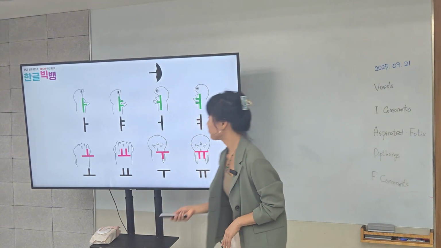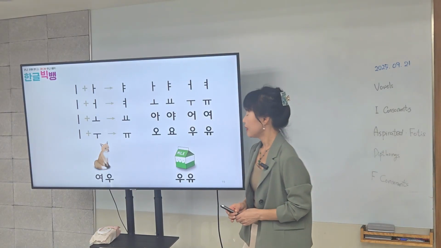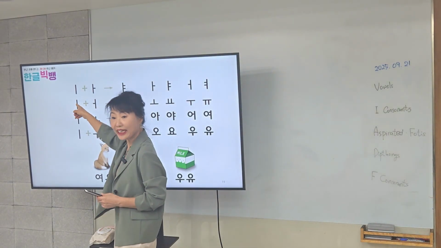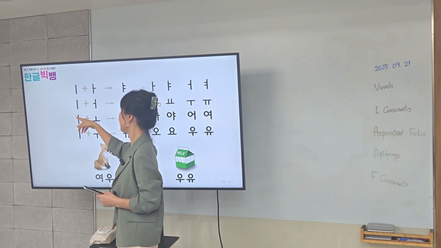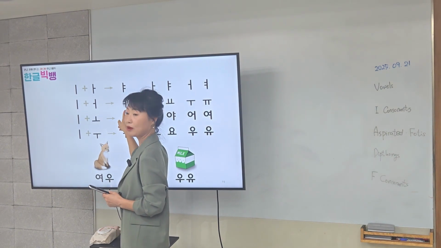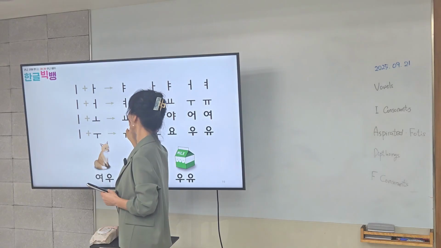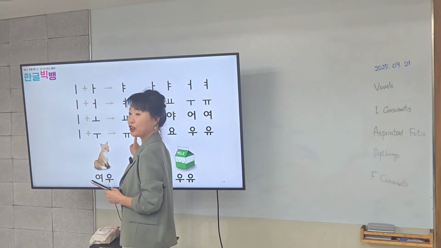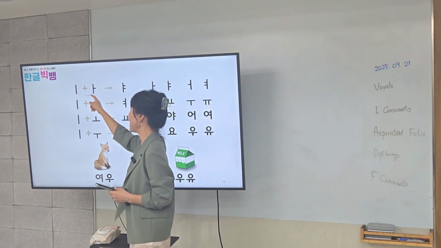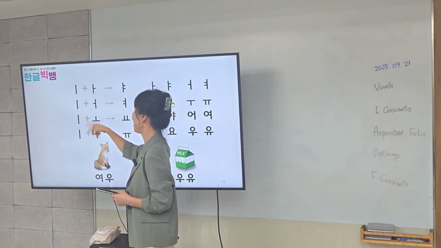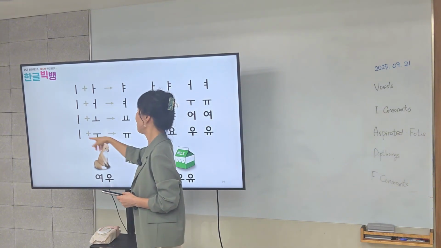Good job. And then, if you say ear quickly, it becomes ya. If you say ear quickly, it becomes yo. You quickly, you. Like this. So, ear, ya. Ear, yo. You.